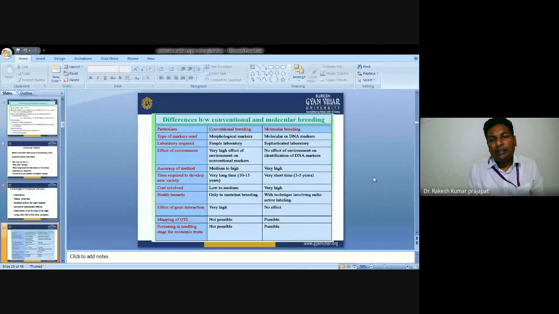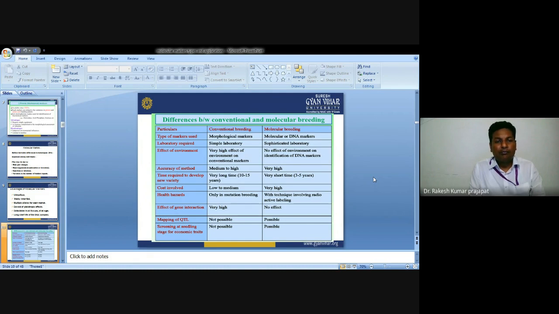Now let us compare conventional breeding with molecular breeding, for a better understanding of molecular markers, because we are using them in molecular breeding. In conventional breeding, we generally use morphological markers more commonly, while in molecular breeding we use molecular or DNA markers.